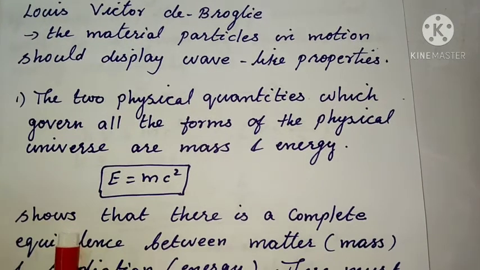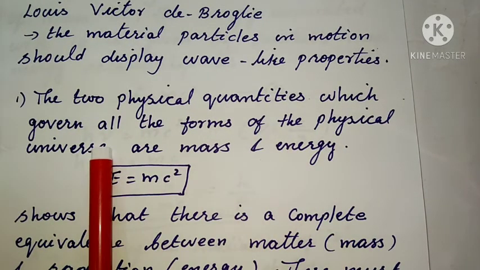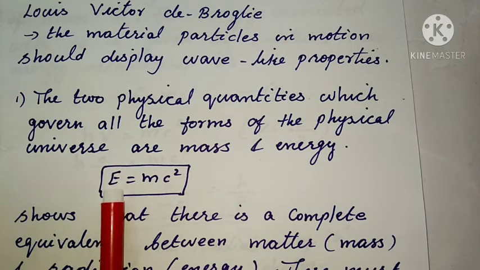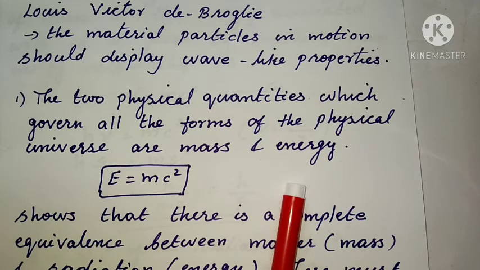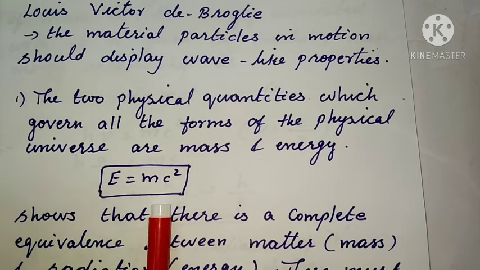The first consideration is that the two physical quantities which govern all the forms of the physical universe are mass and energy, according to Einstein's mass energy relationship, E equals mc square.